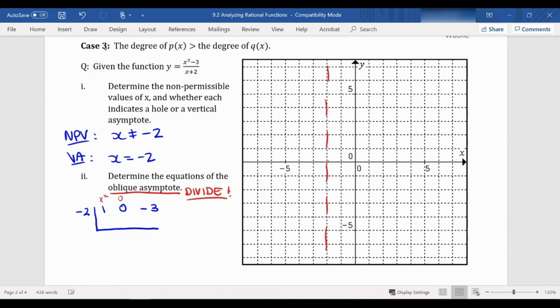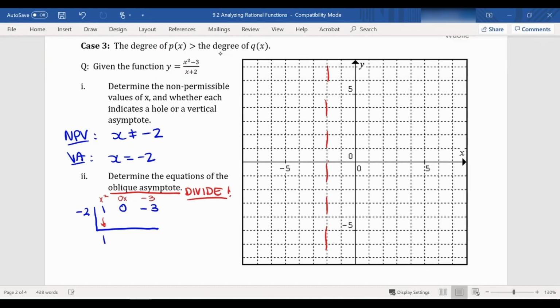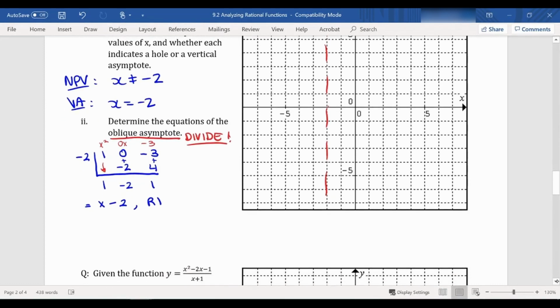There's no x terms, and this is your -3, right? So you're going to bring down the 1, multiply, and you get -2. When you add those together, you get -2, multiply, and you get 4, add those together, and you get 1. So you end up with x minus 2, remainder 1. We ignore the remainder. The oblique asymptote is therefore x minus 2.